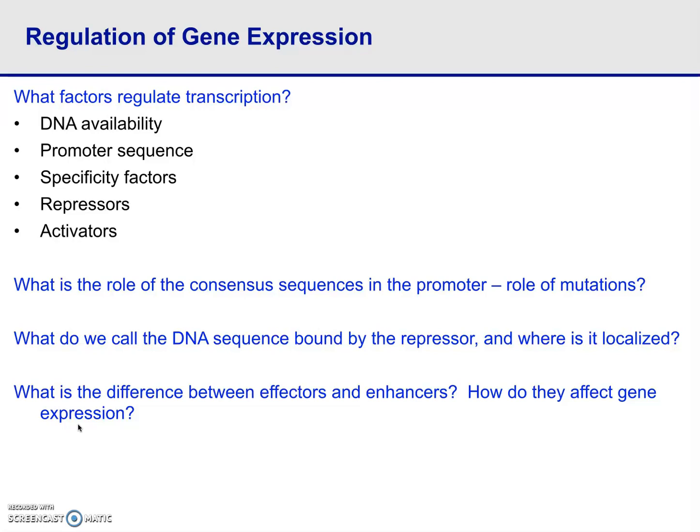Okay, so how do they affect gene expression? Well, obviously, enhancers or activators activate gene expression. Now, the effector molecules are small molecules or proteins which bind and regulate the binding of the repressor to the operator, or an activator to an enhancer.